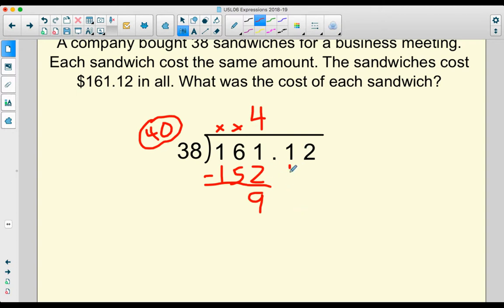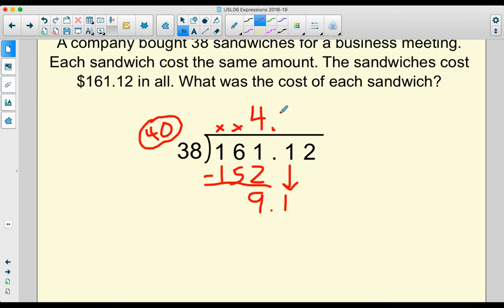So I'm going to bring down my 1 tenth and change that, ungroups my 9 ones into 90 tenths. So I have a total of 91 tenths. Don't forget my decimal point in my quotient. Now 91 divided by 38. Well, how many 4s in 9? 2.